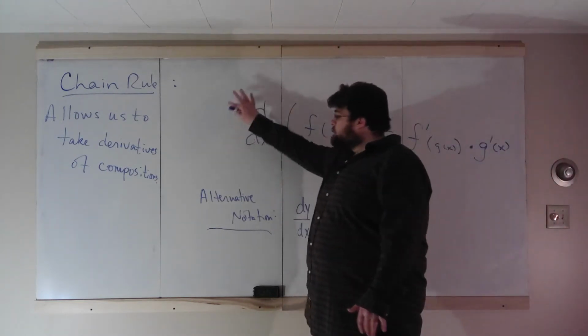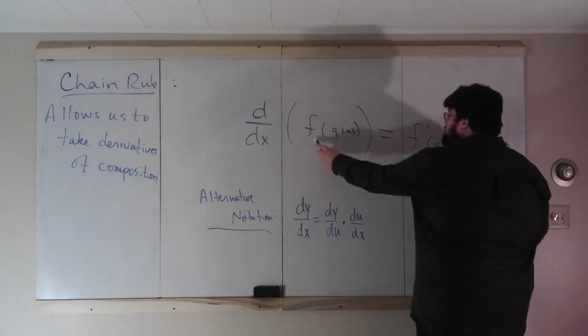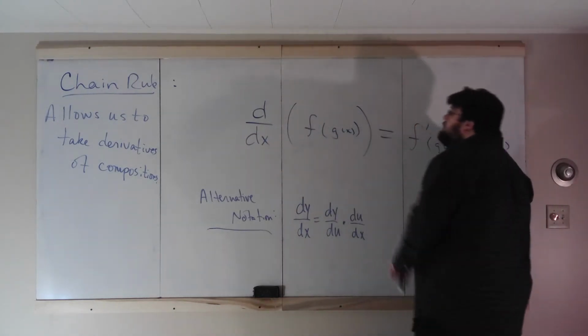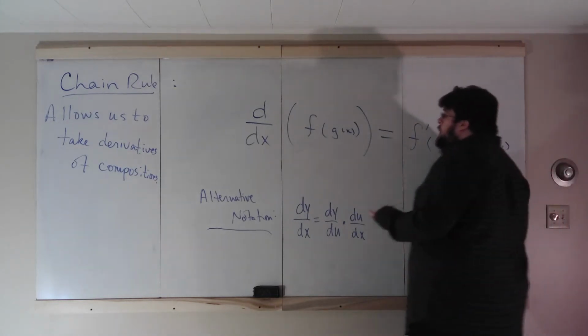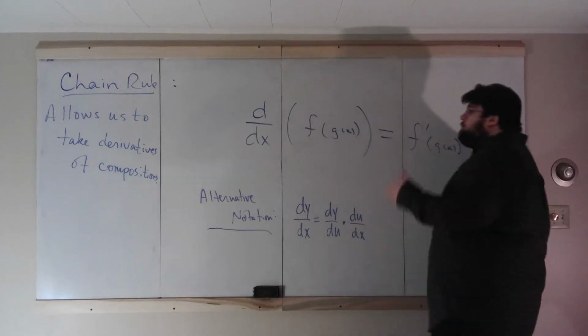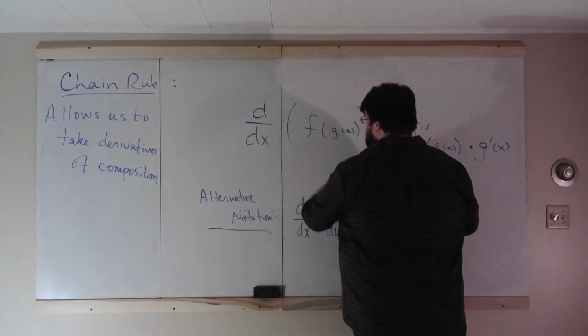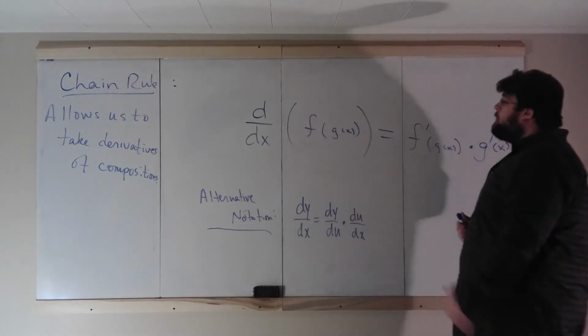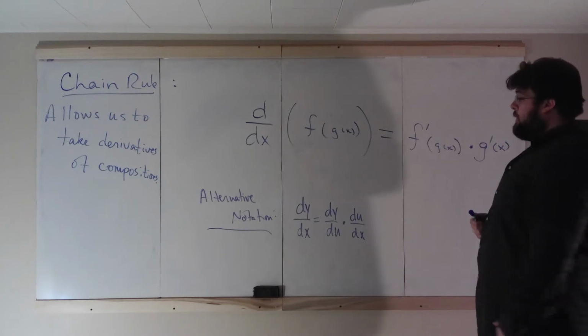But the notation for the chain rule looks like this. The derivative of a composition, so of f of g of x. This is one of those many things where I find unlined paper much more useful than lined paper, because it allows me to properly size my parentheses.